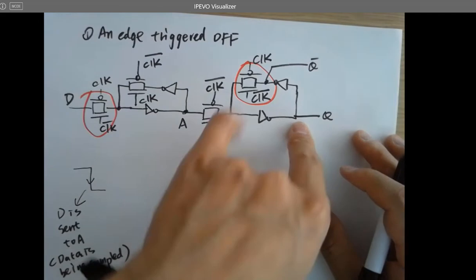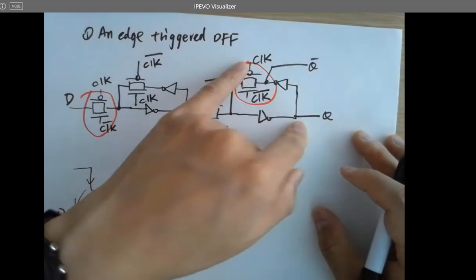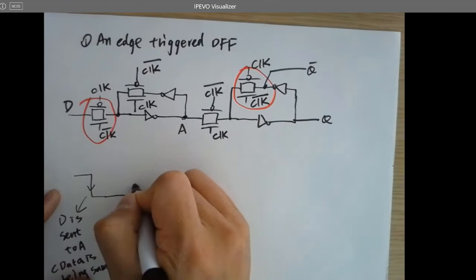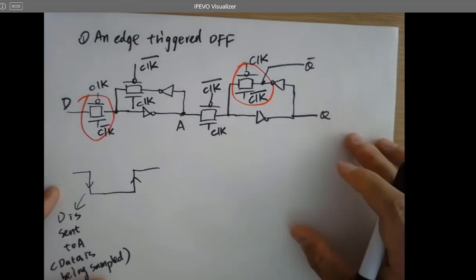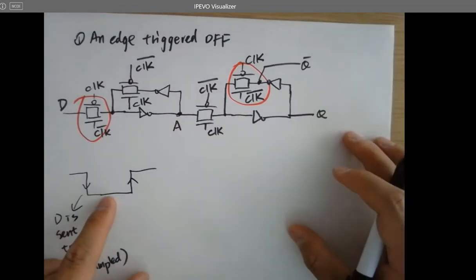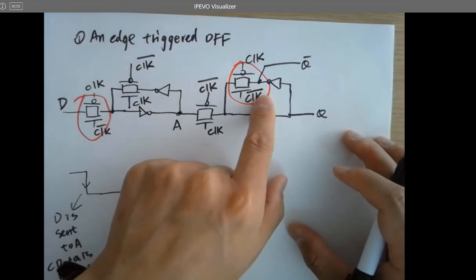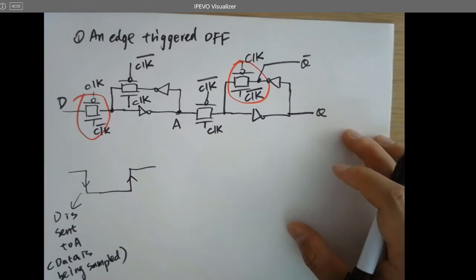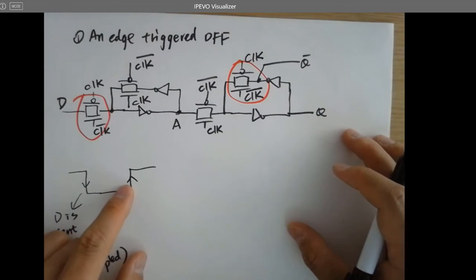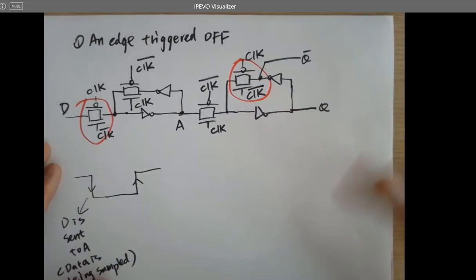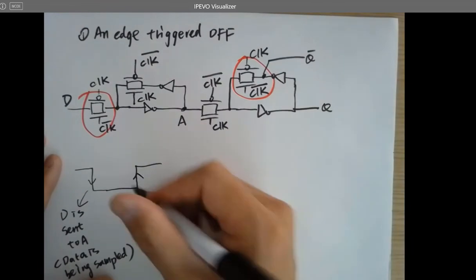So it's holding the previous value. And it's going to be held there because this low signal will keep this latch open. So it's going to be a memory. And at the next rising edge, A will be sent to Q.